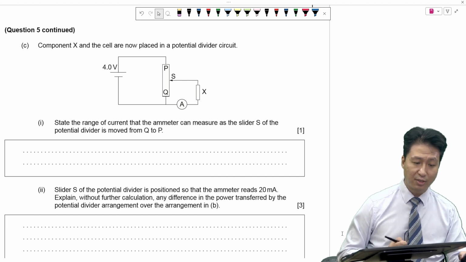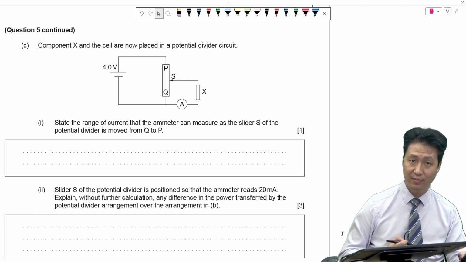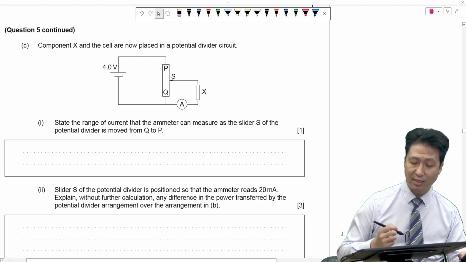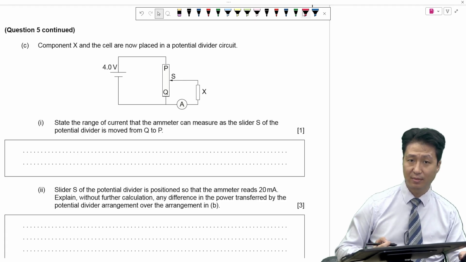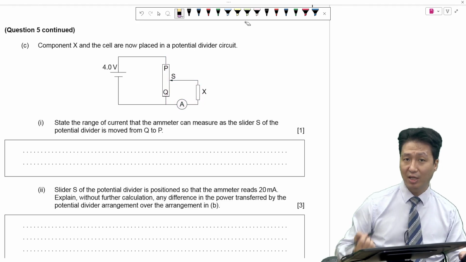In part C of this question, component X and the cell are now placed in a potential divider circuit. State the range of current that the ammeter can measure as the slider S of the potential divider is moved from Q to P. So first things first, in a potential divider circuit, now you have a parallel path.